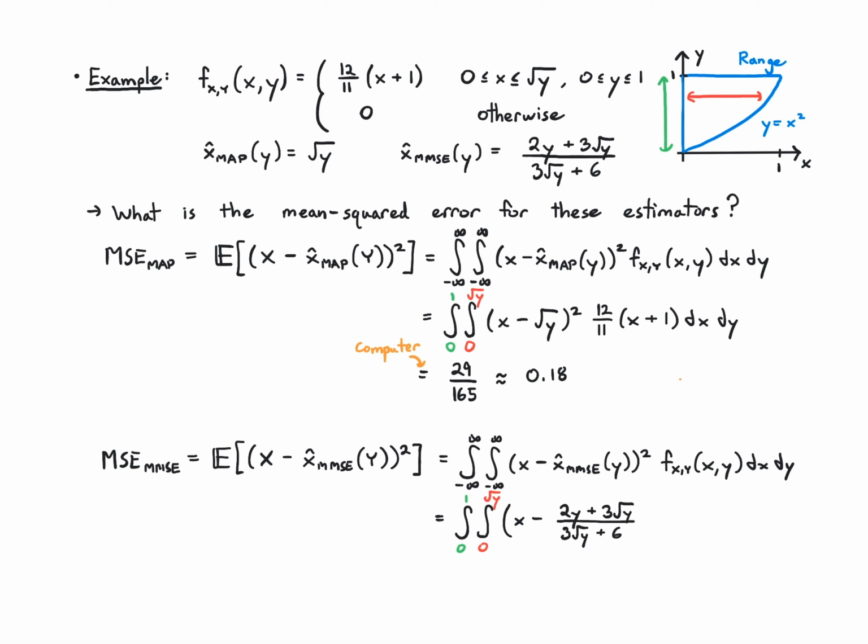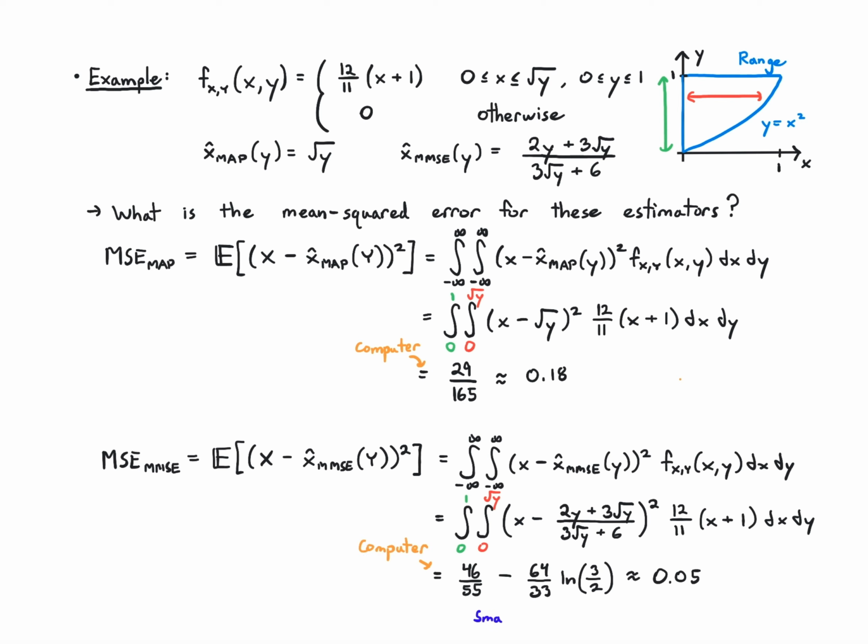So maybe that's a little bit annoying. The whole thing squared, times 12/11 (x + 1), dx dy. We know we can do this integral. We're just going to plug it into a computer. We get 46/55 minus 64/33 log(3/2), which is about 0.05. So that's smaller. That's good.